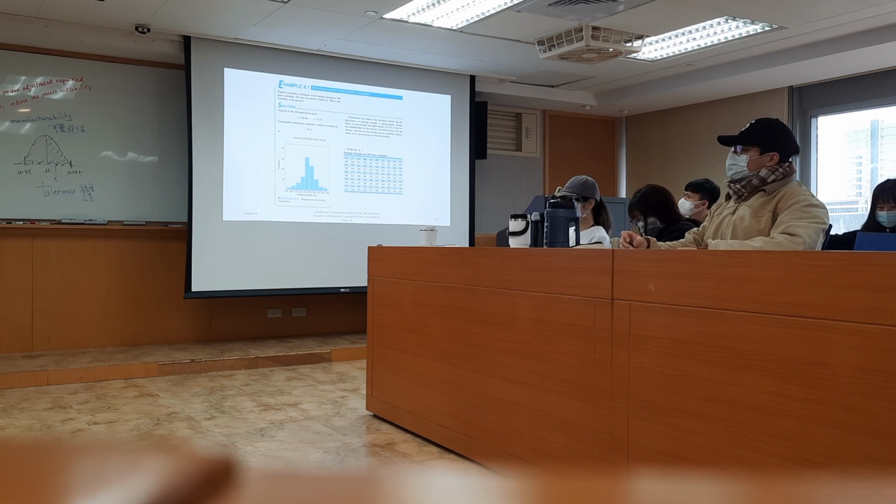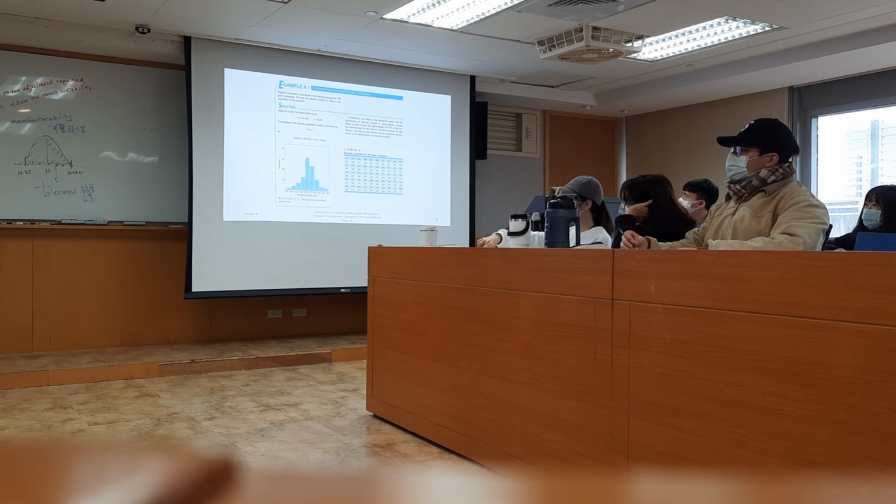So we can estimate that approximately 99.73% of the bottles manufactured by the process fall between 168 and 360 psi, if the distribution is normally distributed, right?